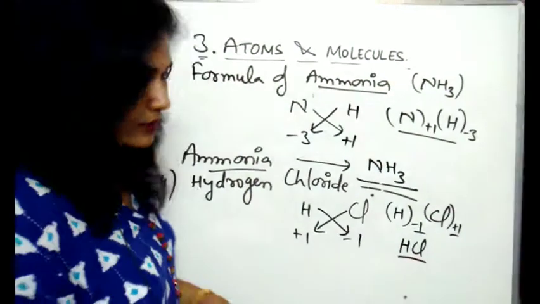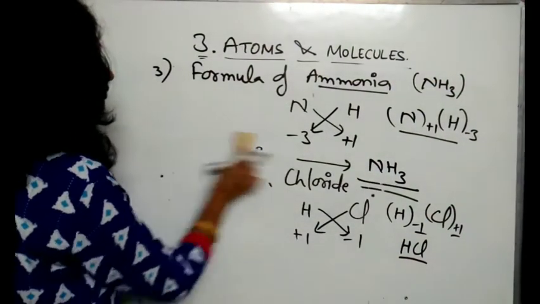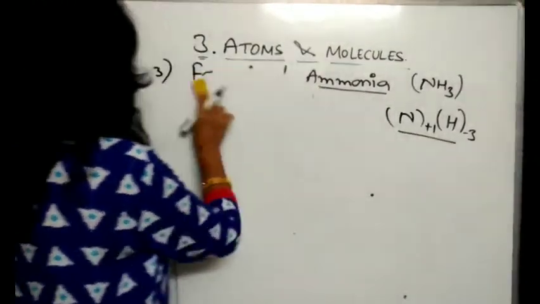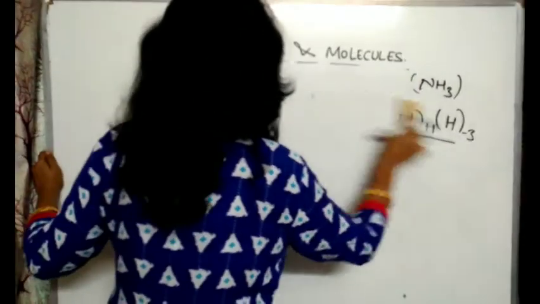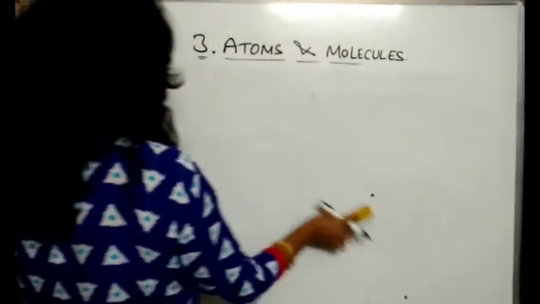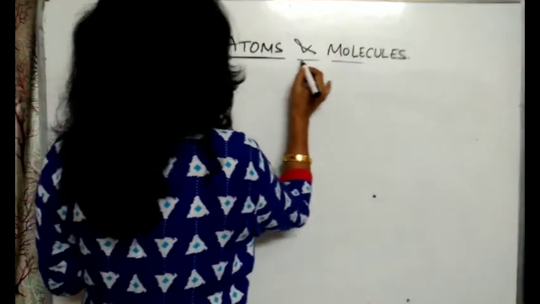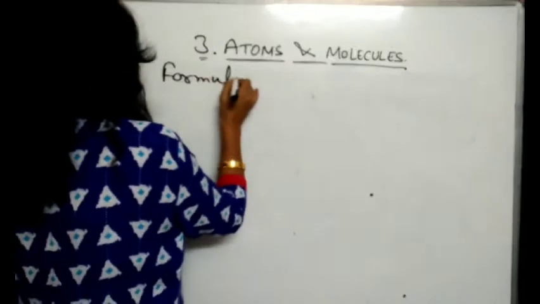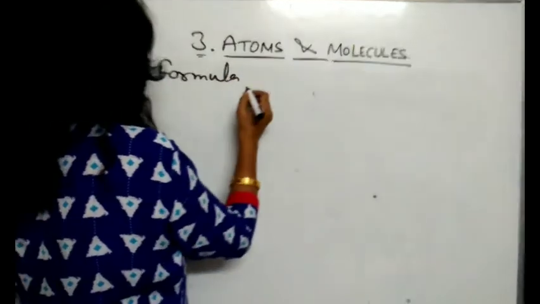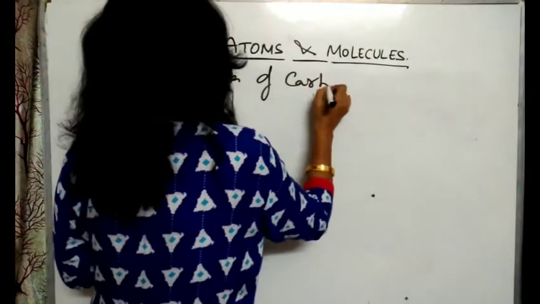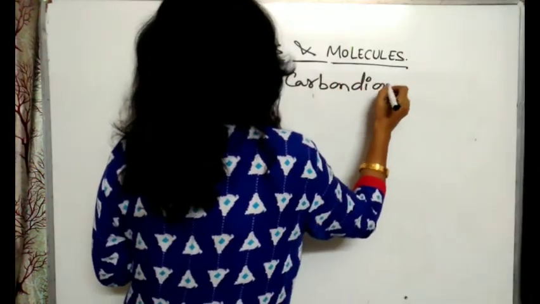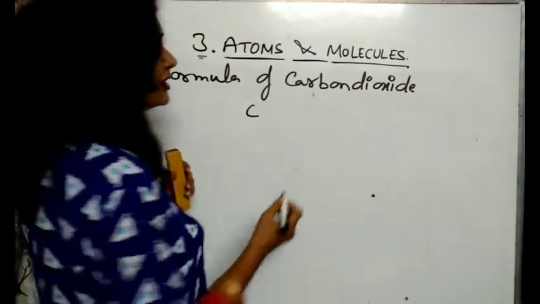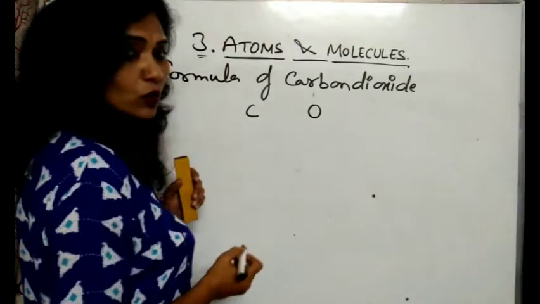Next you can write another formula, that is carbon dioxide. How will you write carbon dioxide? That is CO2. This is the fifth formula, the formula of carbon dioxide. C for carbon and O for oxygen.